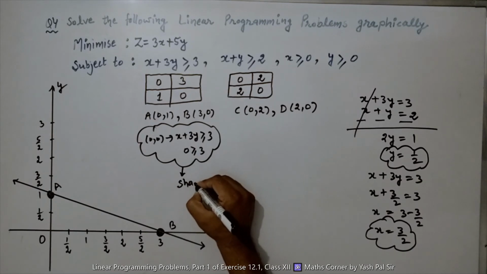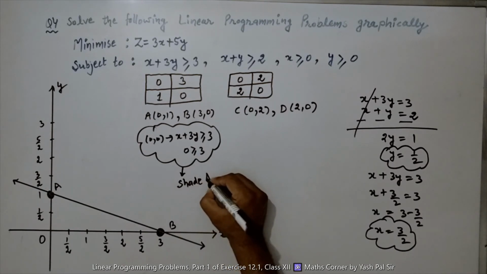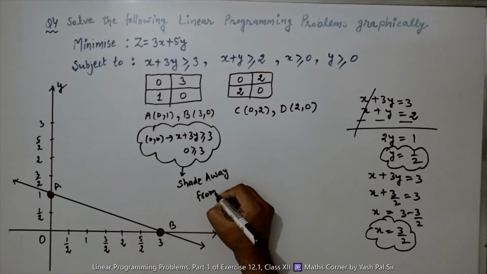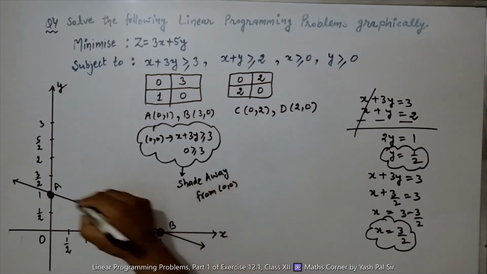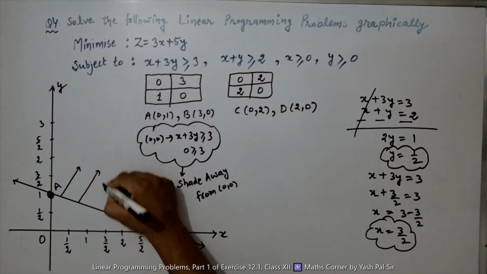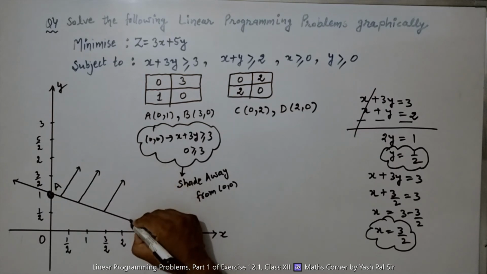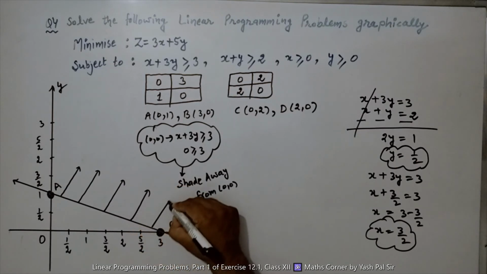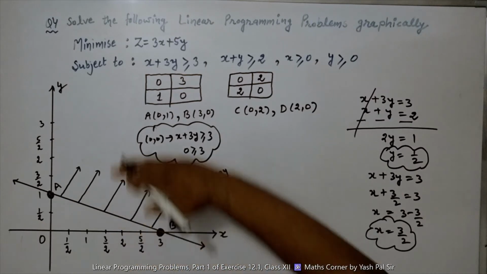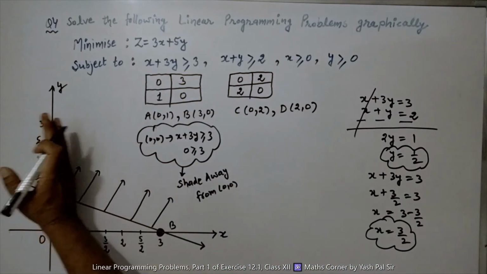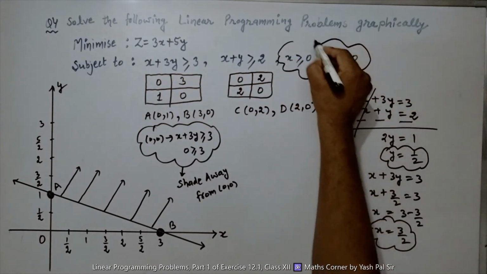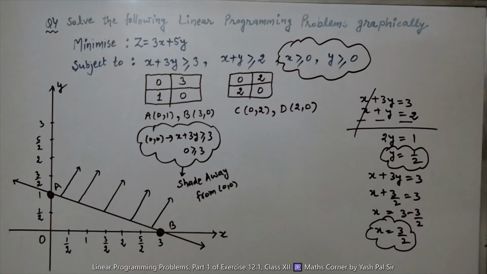This implies shade away from 0, 0. That means upward. This side we have to shade. Right? We are going to shade only above the x-axis and right side of y-axis because of these two constraints.